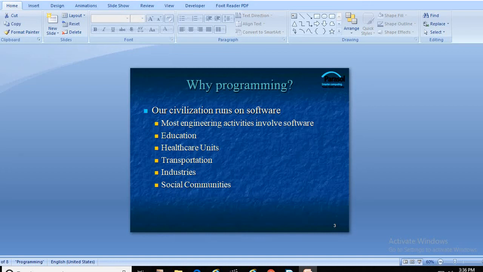Industry is one of the very important areas in which programming is used. For example, controlling the material, controlling the volume of the material, controlling the weight, controlling the humidity, and many other control operations are done through these programming languages.